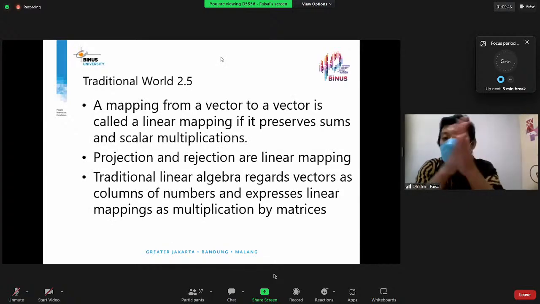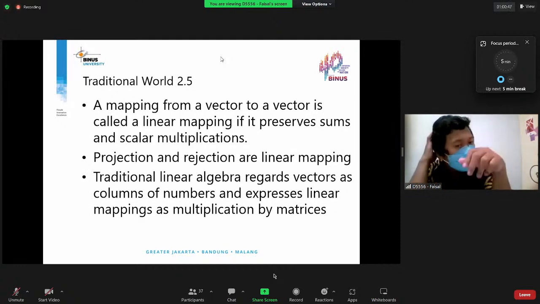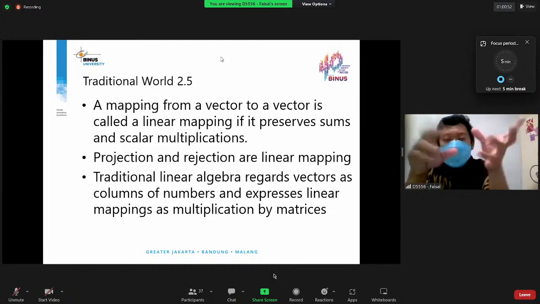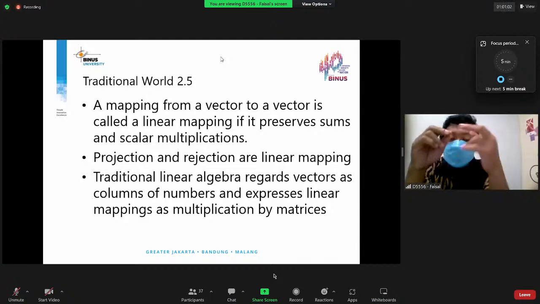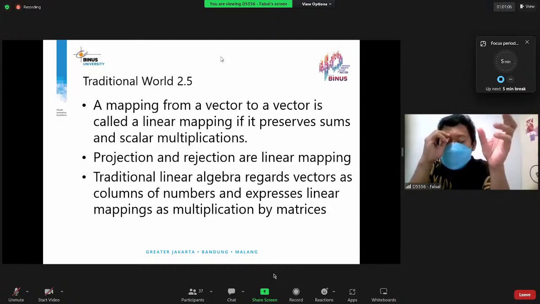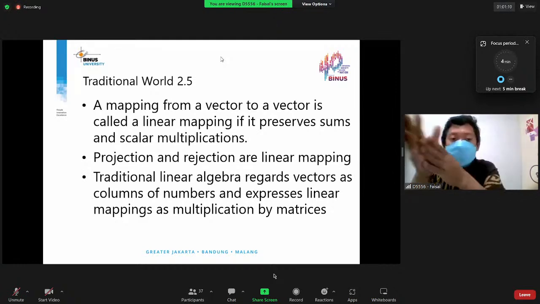So a different approach to how we find the projection, rejection and reflection: we can use a matrix.